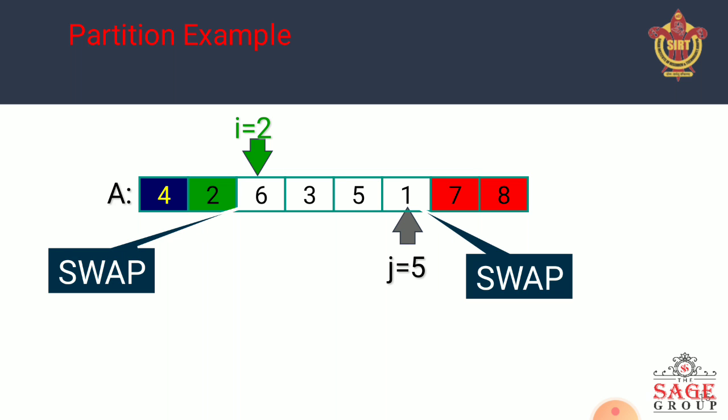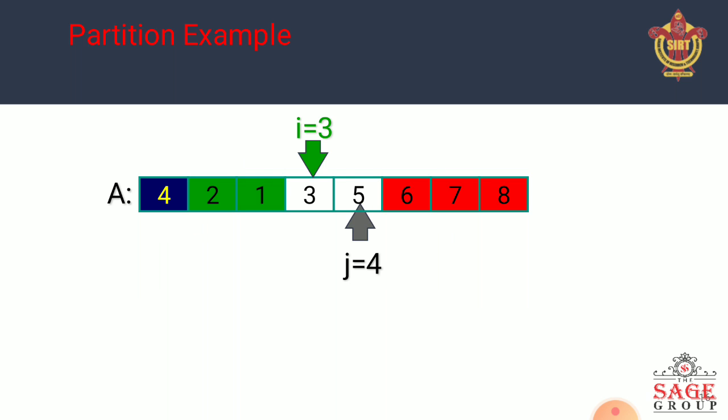That element follows the rule, being lesser than the pivot. Then we again perform swapping between the i equal to 2 index and the j equal to 5 index values. So 6 and 1 are swapped like this.